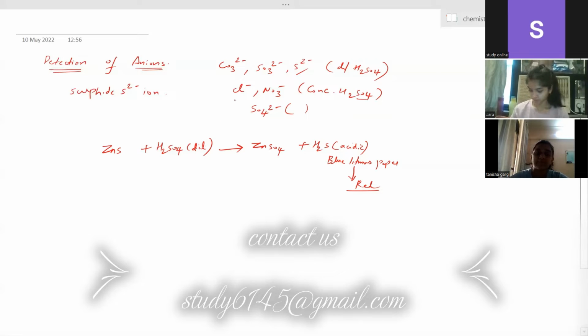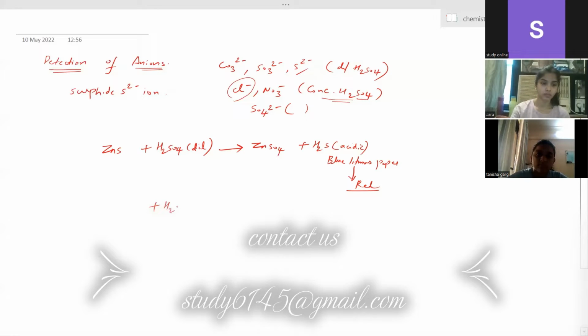Now tell me how we will detect chloride ion. HCl? Yes, HCl, but chloride ion, as I have told you, can only be detected with the help of conc H2SO4.